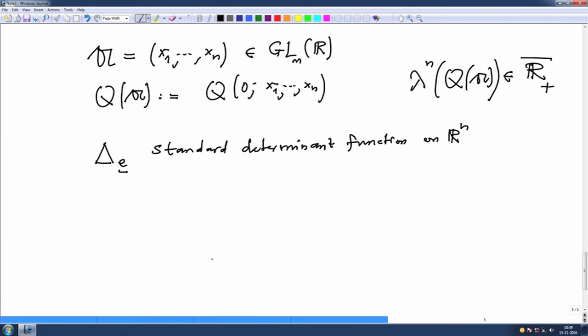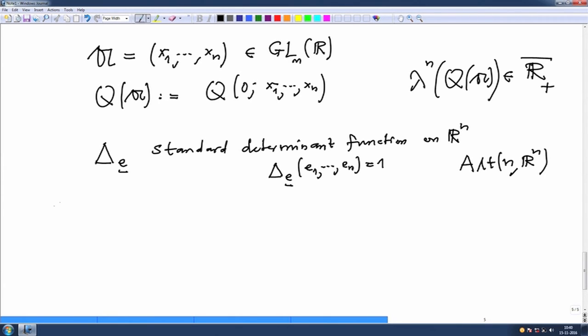And what does it do? It is unique with the property that delta E of e1 to en is 1, and this is a basis for all alternating n-multilinear forms on Rn.